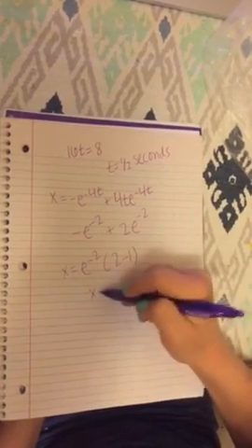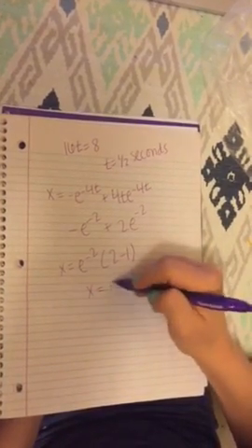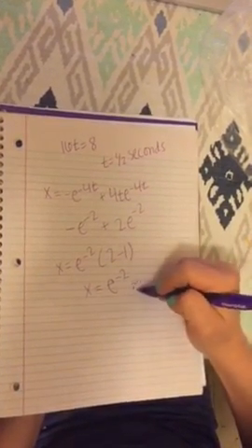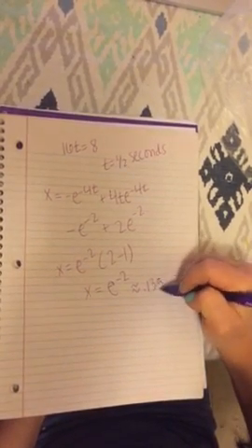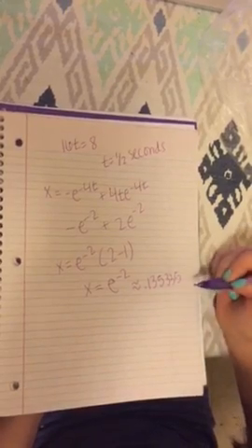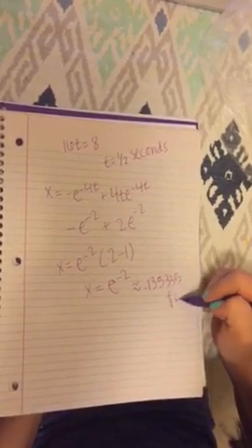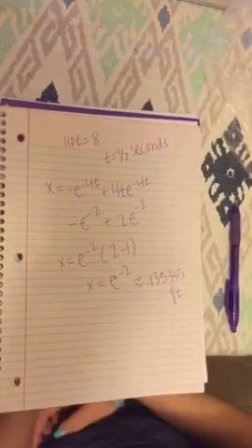So that would mean that x is equal to e to the negative 2, or around 0.135335 feet. And you can just estimate that on a calculator.